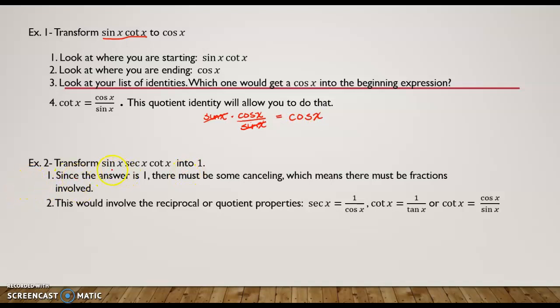Your next one, transform these three into 1. All right, since we're getting 1, then you're going to end up having to cancel a bunch of stuff out here. So, sine is just sine for the most part. Secant is 1 over cosine.